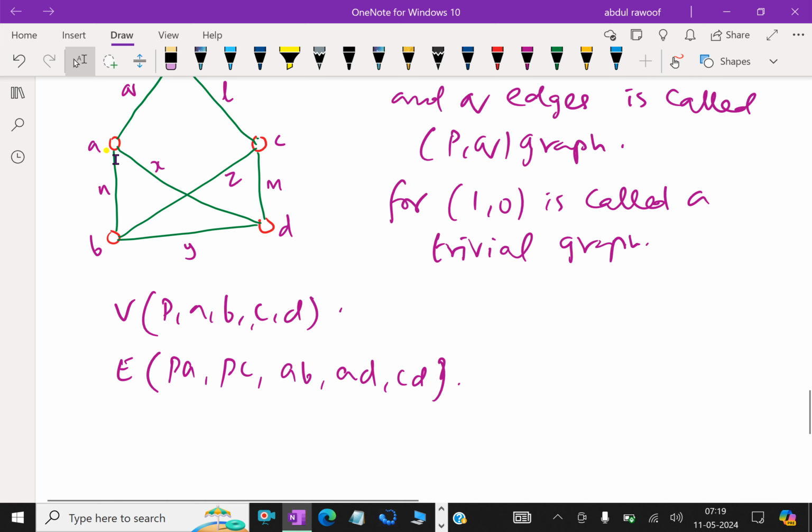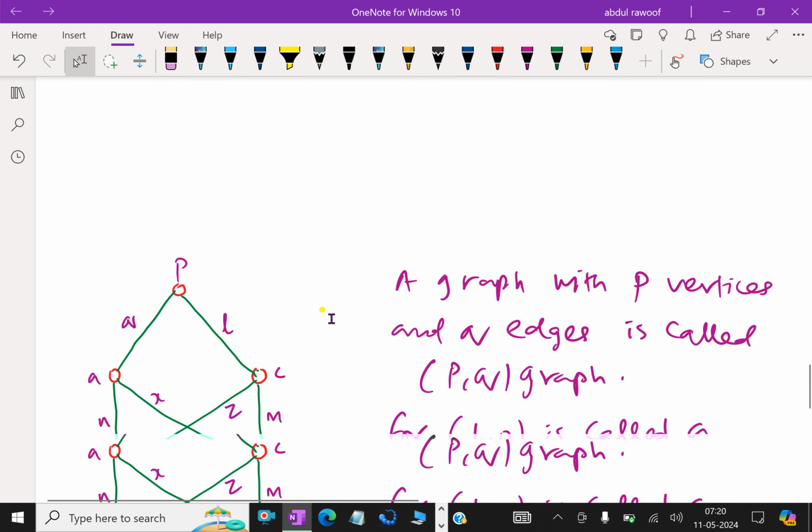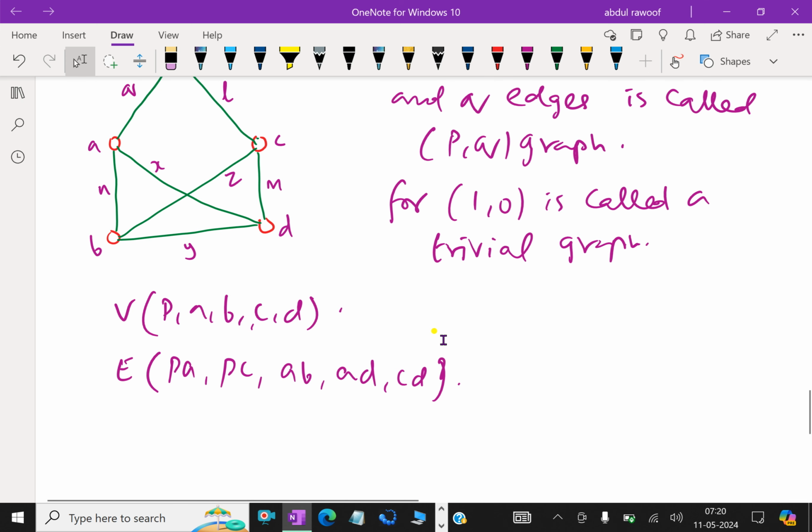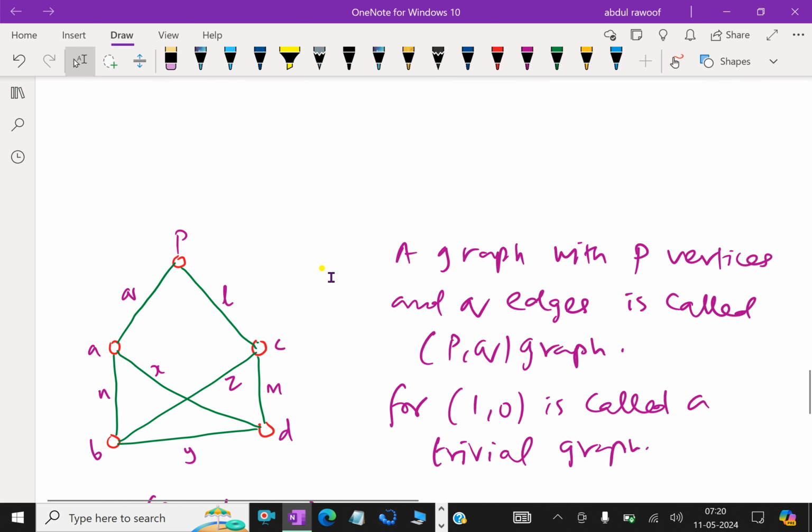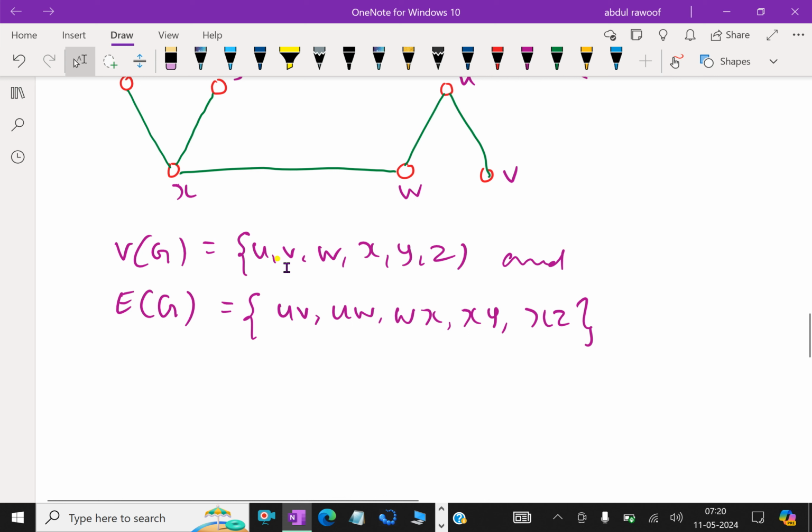Even look here, edges X and Z, the path is intersected here, but it is not a node, because even though it's intersecting, it has no node. Like that, in a graph, we can represent edges, nodes, and vertices.